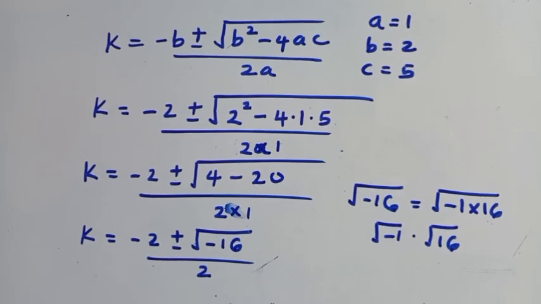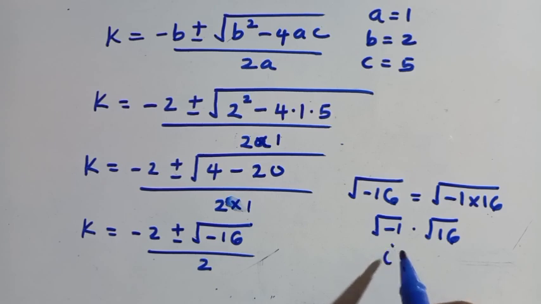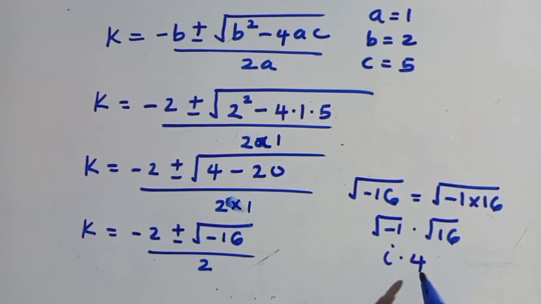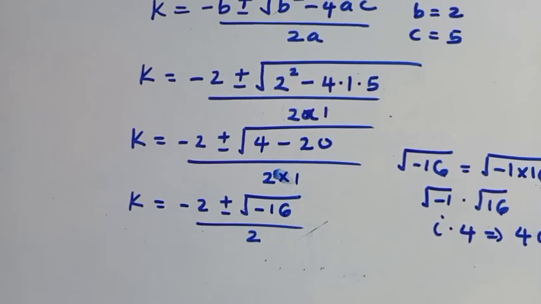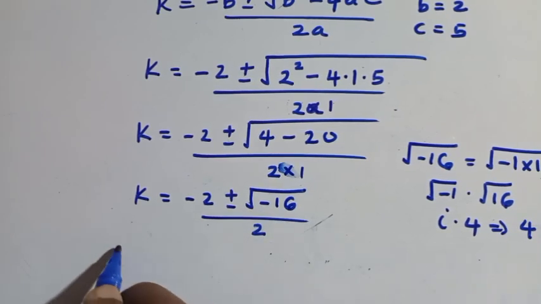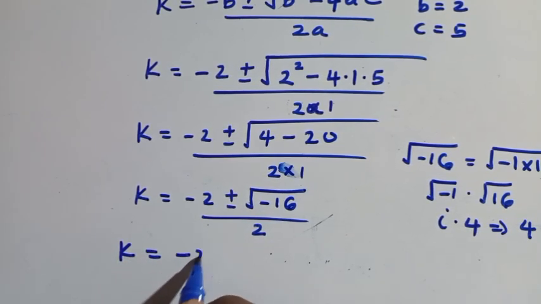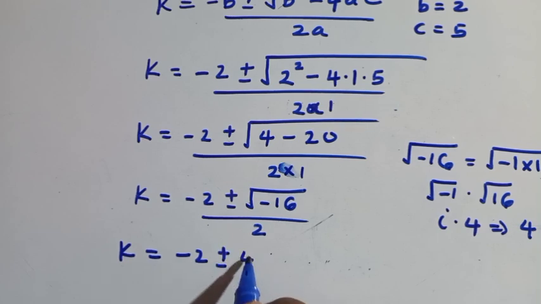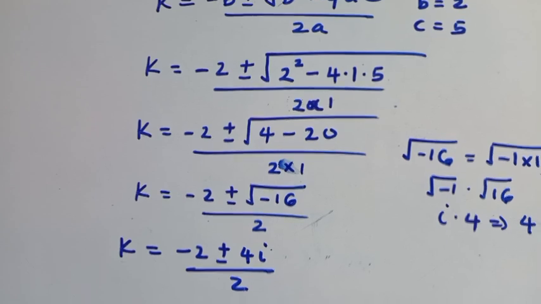And square root of minus 1 is given as i, multiplied by square root of 16, that is 4. That is, we get 4i, which is complex. Therefore, we have square root of minus 16 here, which is 4i. So k equals minus 2 plus or minus 4i divided by 2.